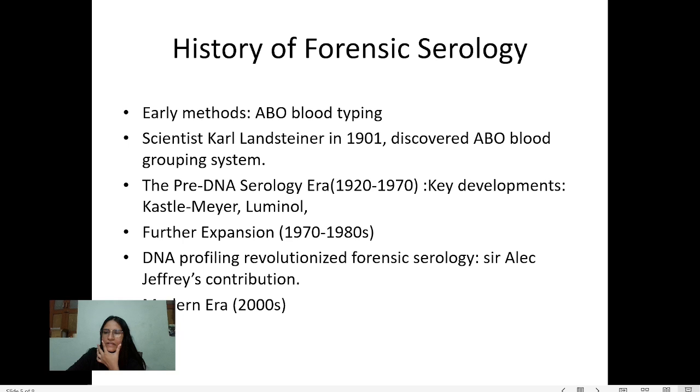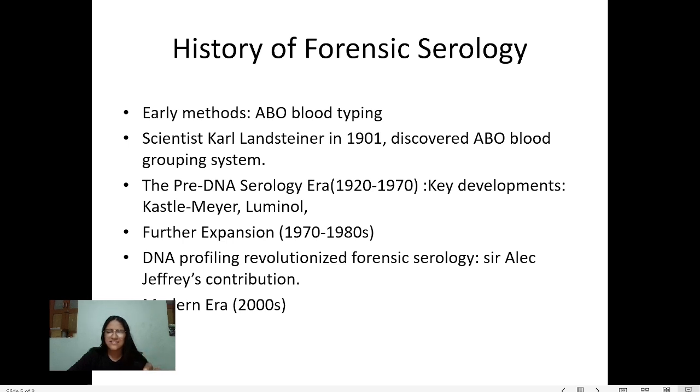By this period, from the 1920s to 1970, the courtrooms accepted serology as an important part of investigation. So this is a major turning point in forensic serology. Between the 1970s and 1980s, forensic serologists started using enzyme polymorphism and protein markers in blood and semen.